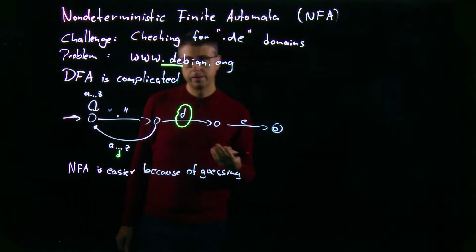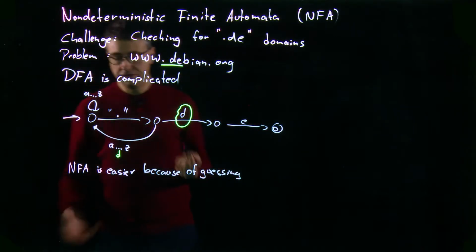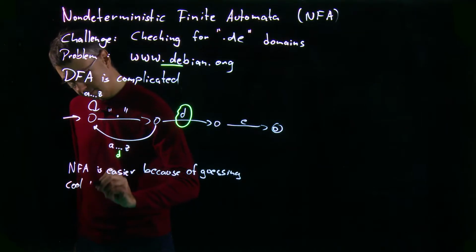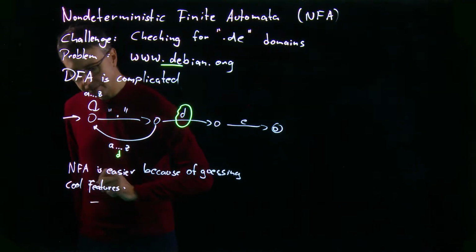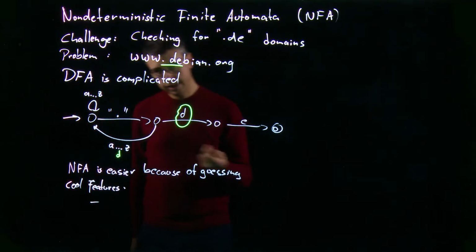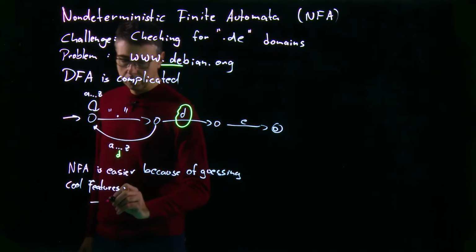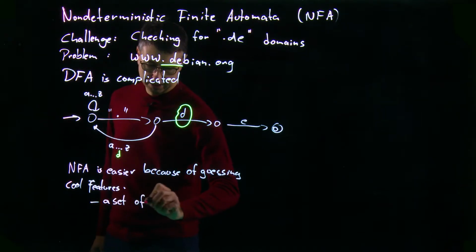And actually these non-deterministic automata have a lot of cool features. The cool features are, first, and this is something you don't see here yet in this example, but this will be very useful later on, we have a set of initial states.